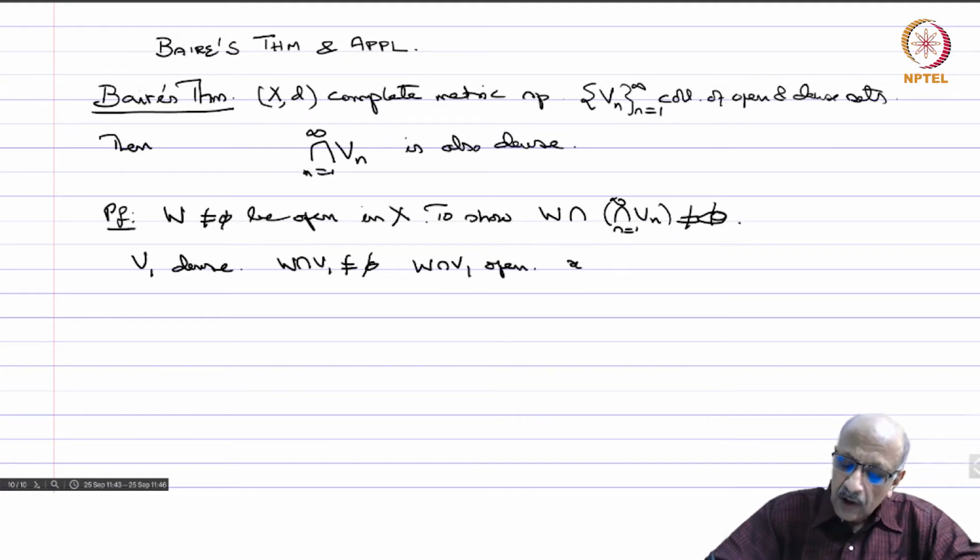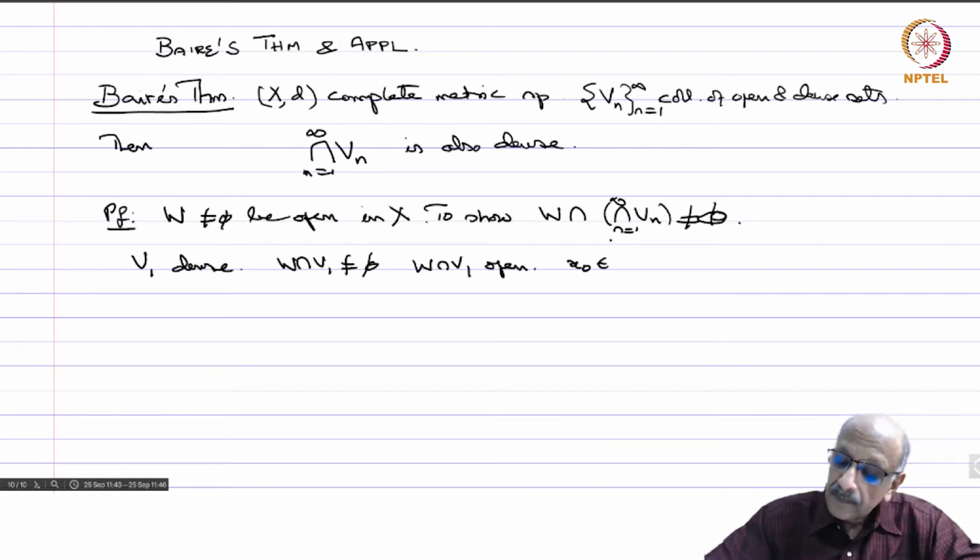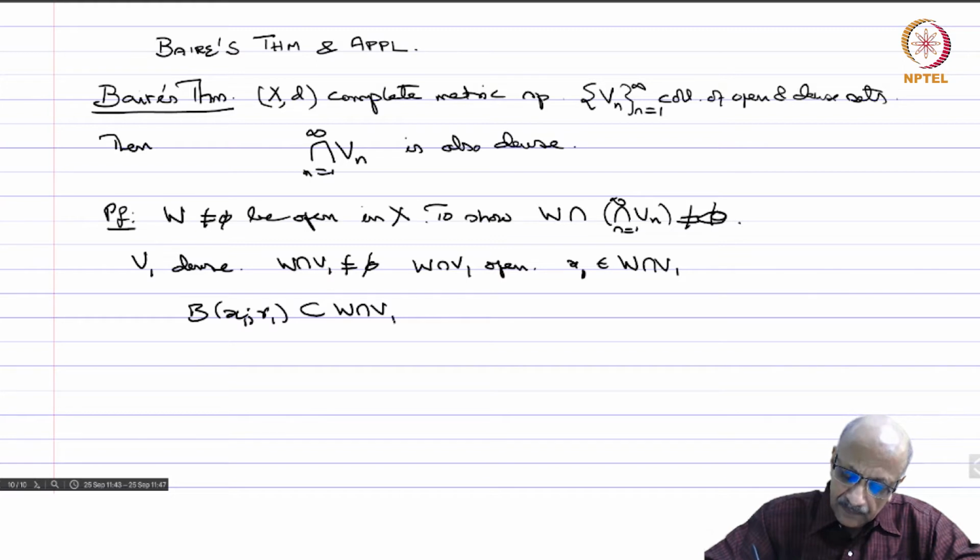So let us say x1 belongs to W intersection V1. We can find a ball with center x1 and radius say r1 contained in W intersection V1.